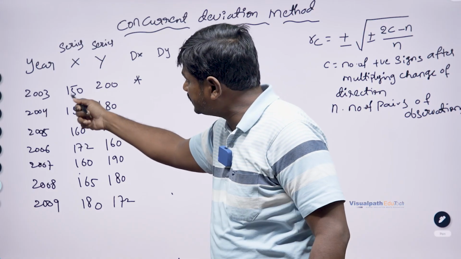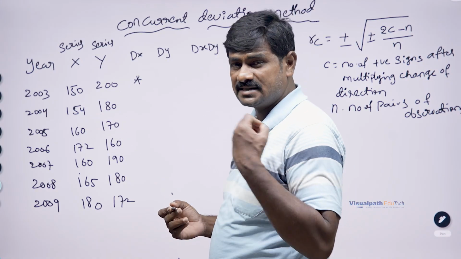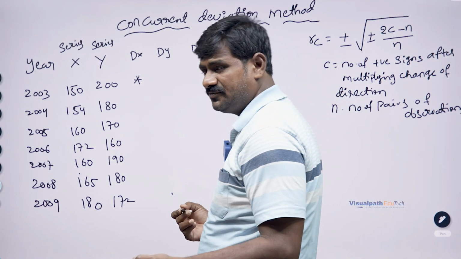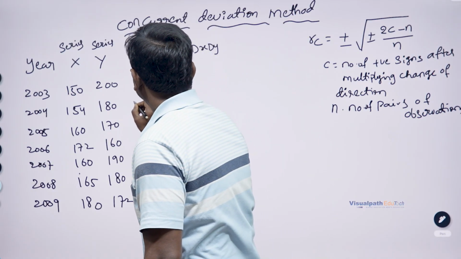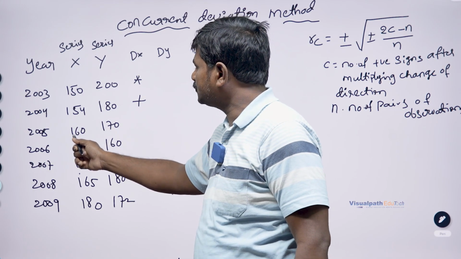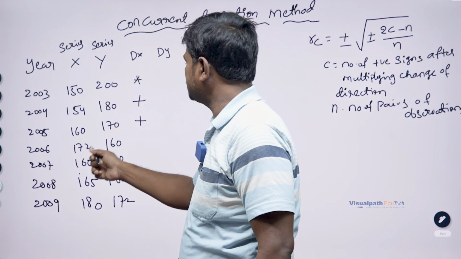Then coming to 2003, 150 to 154, it is increased. When cash flows or sales are increased, the data is increased, and we take it as a positive sign. Then 154 to 160 in 2005, again it increased, plus. 160 to 172.